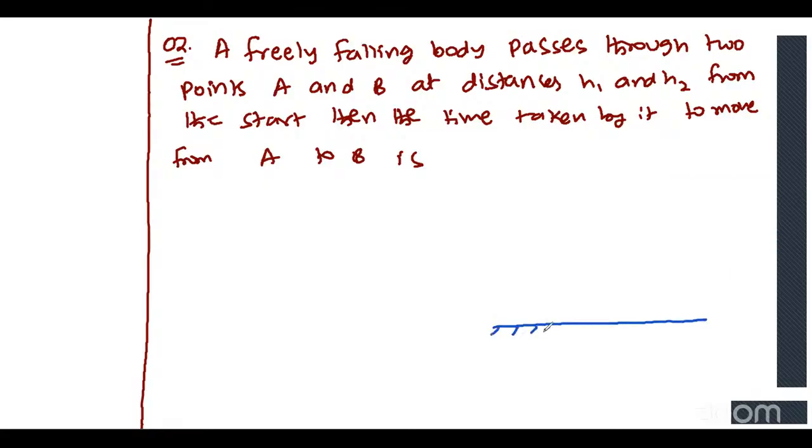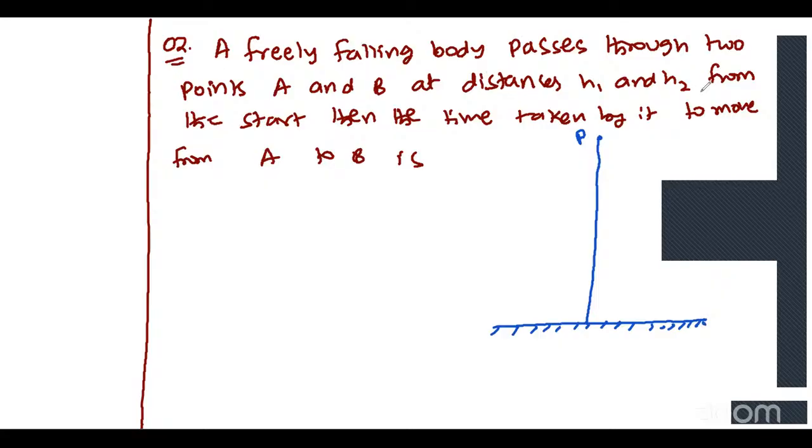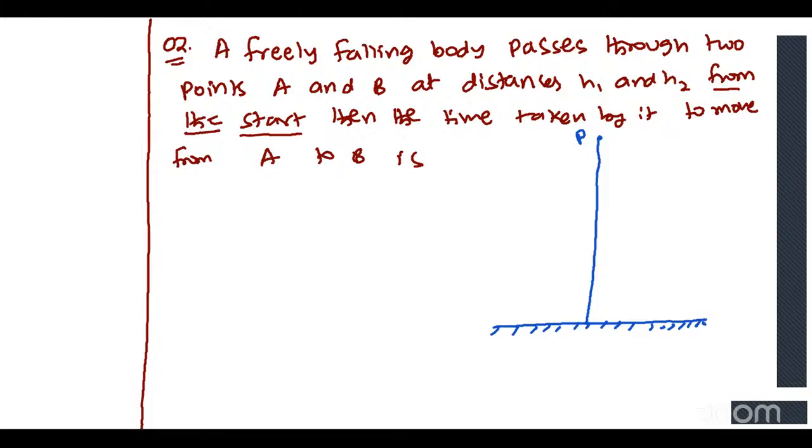Suppose this is the ground. Let us consider the particle is falling freely. Let us consider this point as P. From the start, point A is at a distance h1, and point B is at a distance h2.